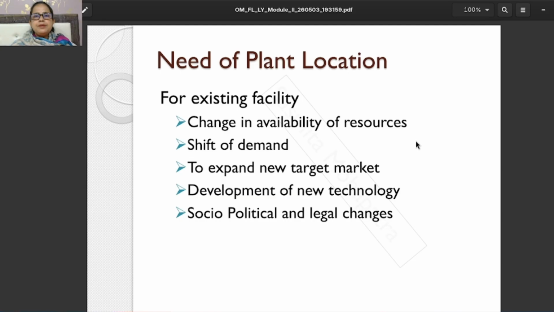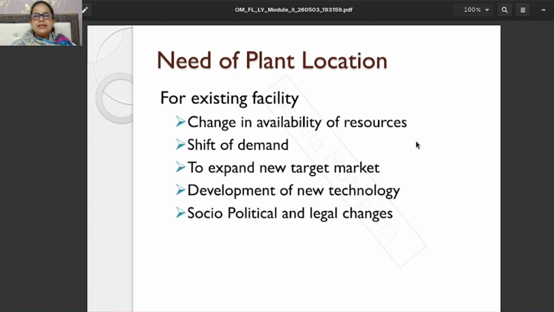Then shift of demand. If we are providing our service or selling our product in a particular market, but there is no demand in that market, we can shift to a different place in search of a new market, to expand to a new target market. Then development of new technology. If there are technological changes, we can go for establishing a new plant.